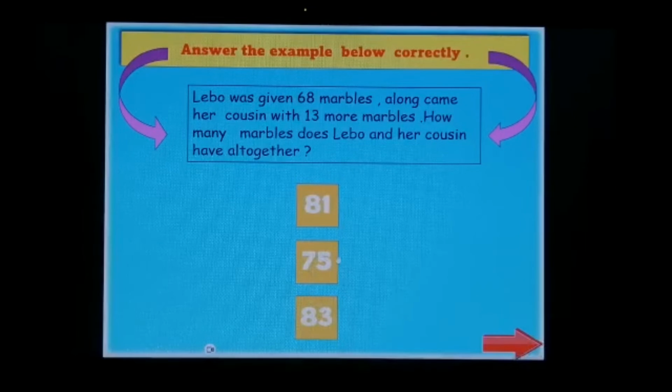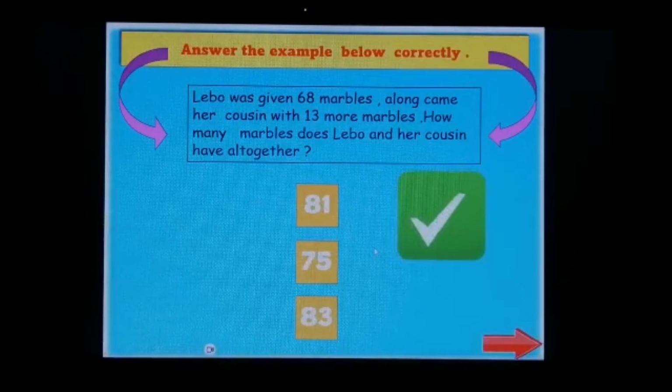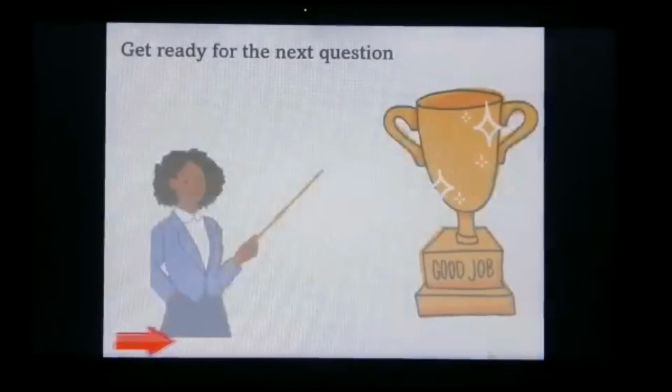If you choose the wrong option, you'll be prompted right over here with either a correct symbol or an incorrect symbol. If your symbol is incorrect, you will be given another chance to try to answer this question again. However, if you are correct, like I'm going to choose the correct one right here, you're going to have a correct symbol and you're going to choose the next page.